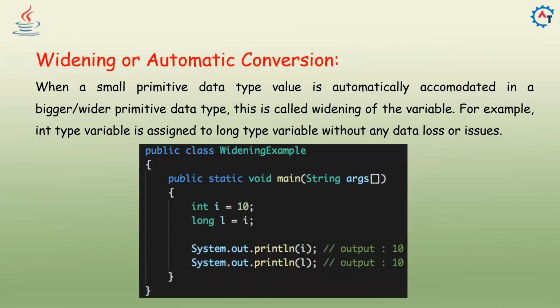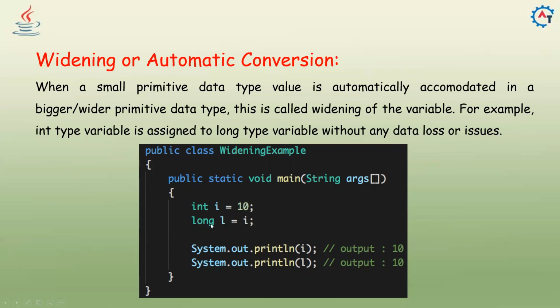When a small primitive data type value is automatically accommodated in a bigger or wider primitive data type, this is called widening of the variable. For example, an int type variable is assigned to a long type variable without any data loss or issues. You see here, int i equals 10, long l equals i, so I am assigning an integer value to long.